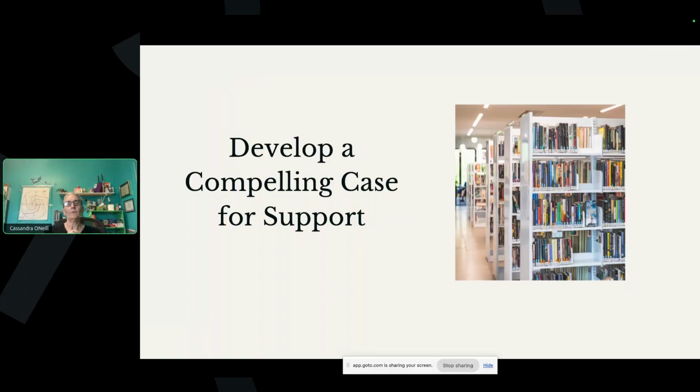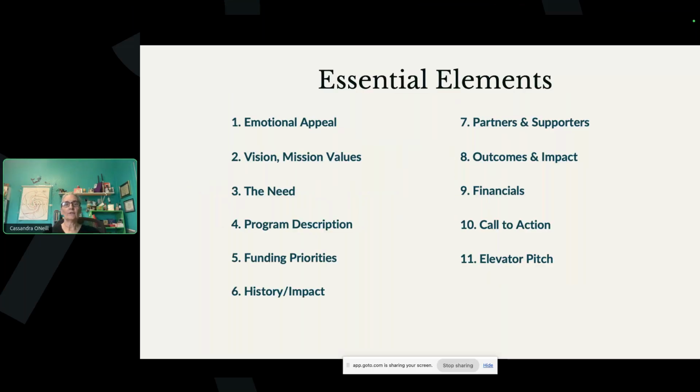So if you don't have one already, you can develop a compelling case for support for your organization, which is a document, it's a set of documents, and these are the essential elements.